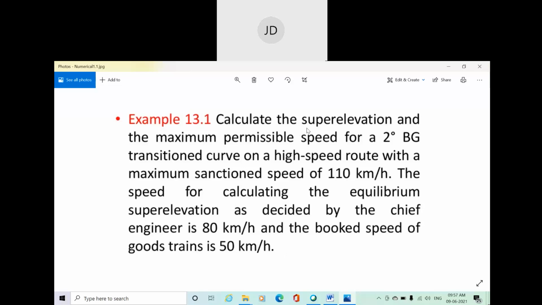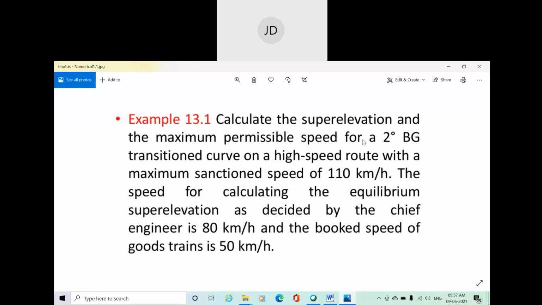And before going into the super elevation, we first need to know the equation for super elevation. I think you remember the equation of super elevation, v square by 127 or something like that. Isn't it? So to find out the super elevation, you need to first find out the radius of the curve.